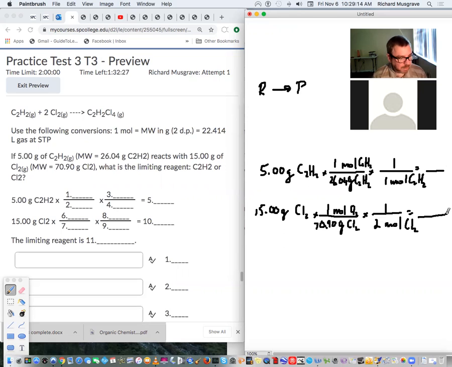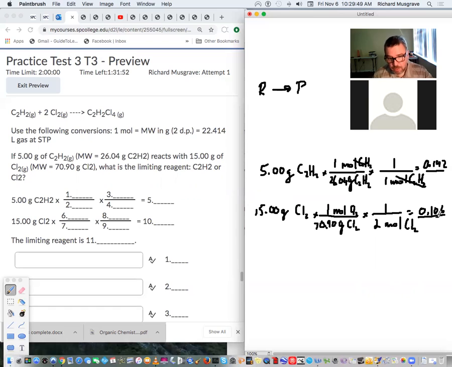I'll go ahead and do the calculations here. 0.192. Now this doesn't have a unit because everything cancels. You see the moles, moles. For the other one, I get 0.106.